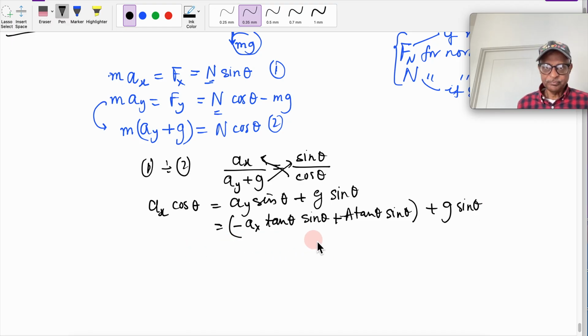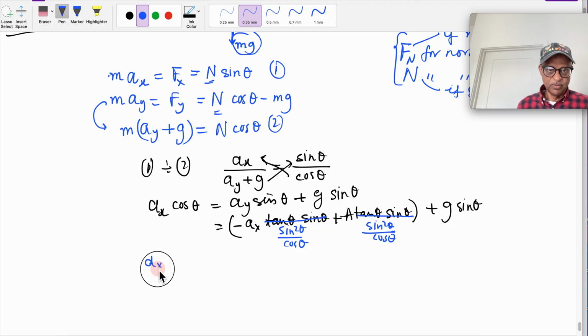Let's see, over here, going to simplify. This whole thing will become sine square theta over cosine theta, and multiply by cosine theta everywhere.